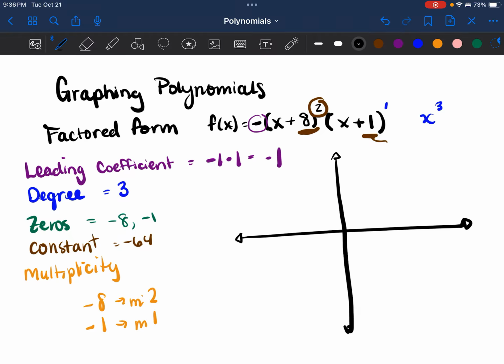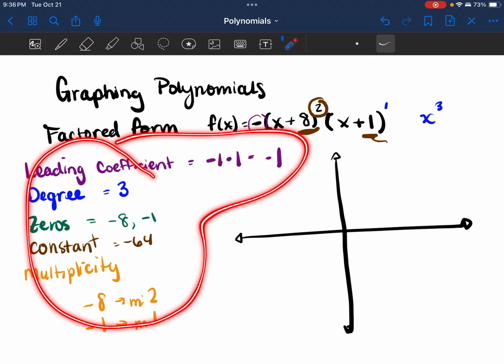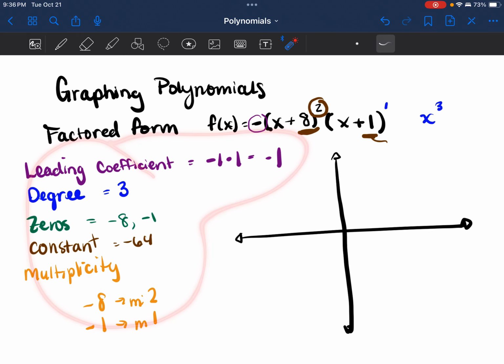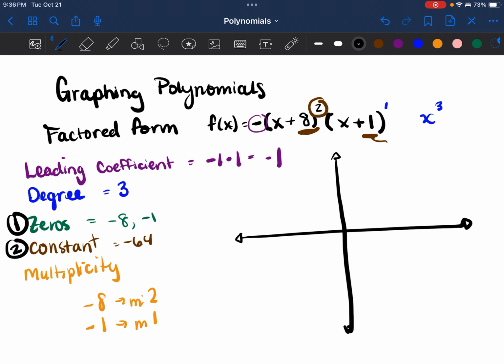So the nice thing about sketching a polynomial function is it's just a rough draft. As long as I get all of these correct, my graph will be correct. So I'm going to start by marking where my zeros and my constant are. So I have a 0 at -8, and at -1.